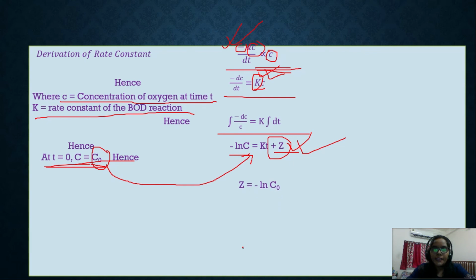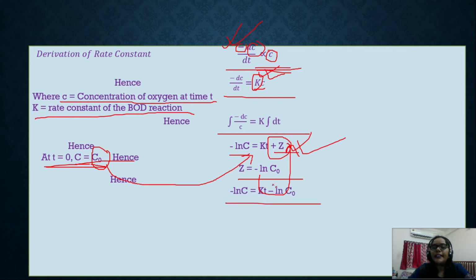You can see it. This is the z value: z equals minus ln C0, where z is the integration constant. Now we have to put this z value here. What is your next step?